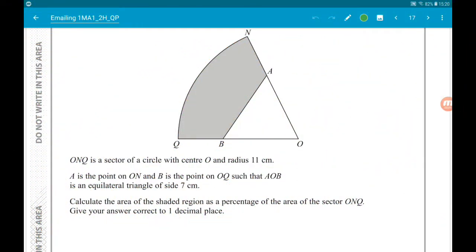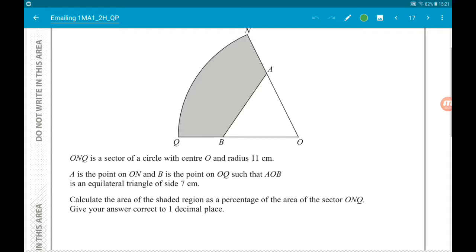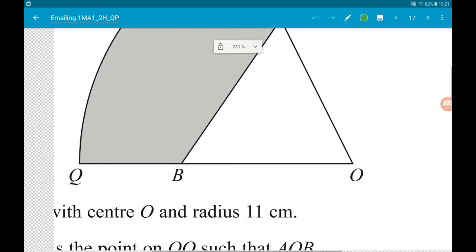Okay, number 17. So we've got a sector with a triangle inside it and a shaded region. ONQ is a sector of a circle with centre O and radius 11 centimeters. So, straight away, let's get that on there.